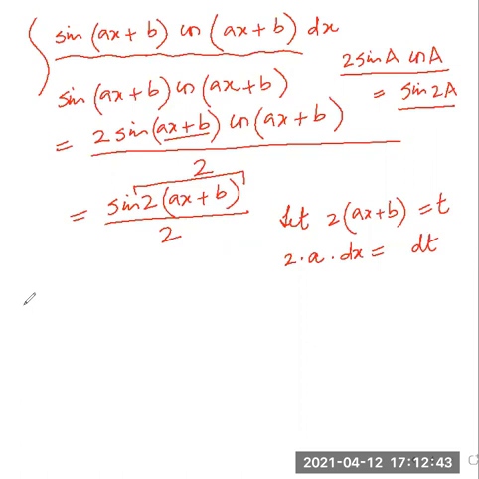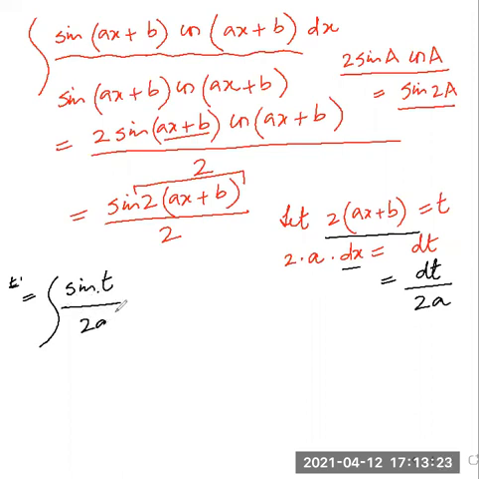Now the integration on the left-hand side becomes sine of 2 into ax plus b, which is t. So it becomes sine t, into dx. So dx is equal to dt divided by 2a. So this will be sine t divided by 2a.